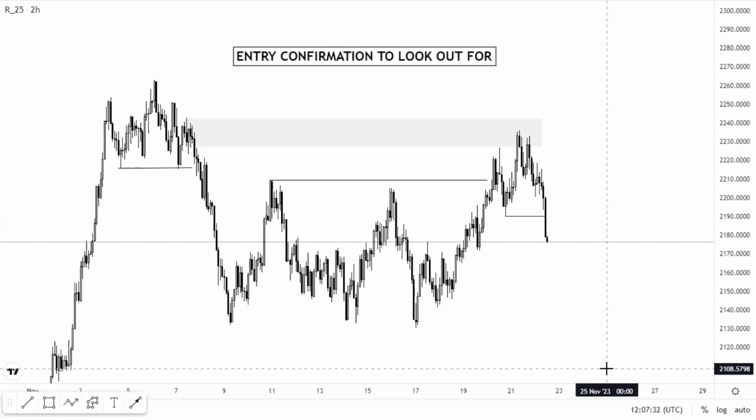So in this video, I want to teach you guys entry confirmation to look out for when market gets to PO high. I've had a lot of questions from people that when they get to see their points of interest, they get to see their liquidity, they get to pick out their structure, what confirmation should they look out for?